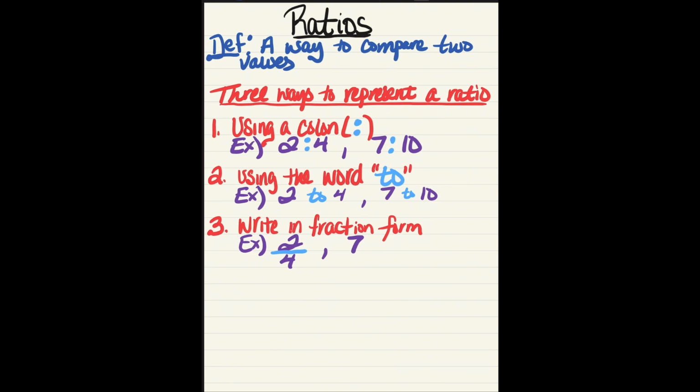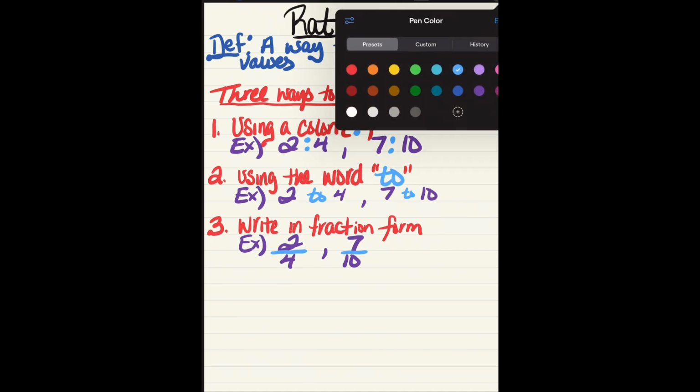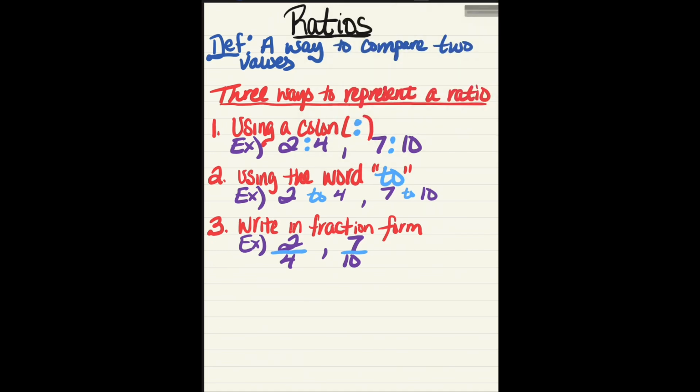And 10 is going to be your denominator, which is the bottom number of a fraction. Okay? And let me tell y'all, there is one rule you should always go by when dealing with ratios.